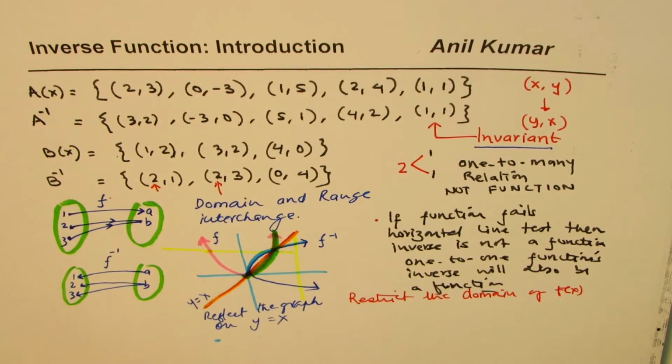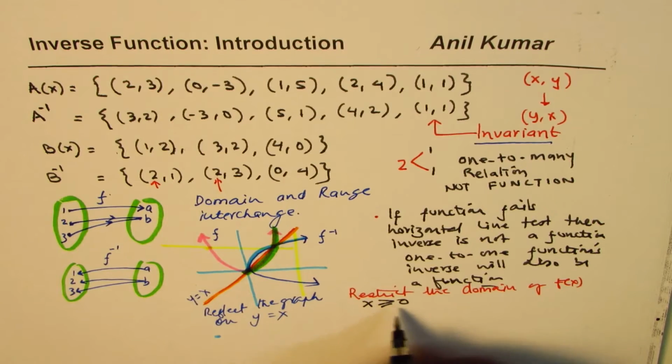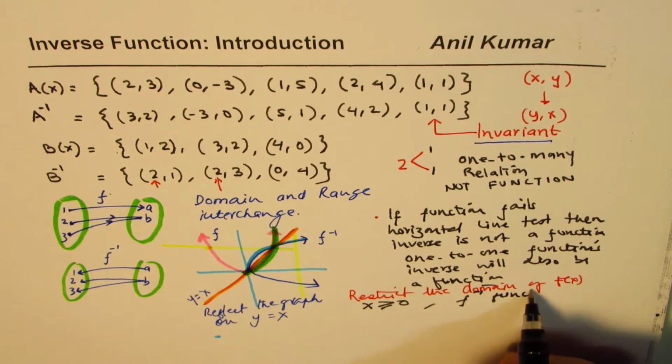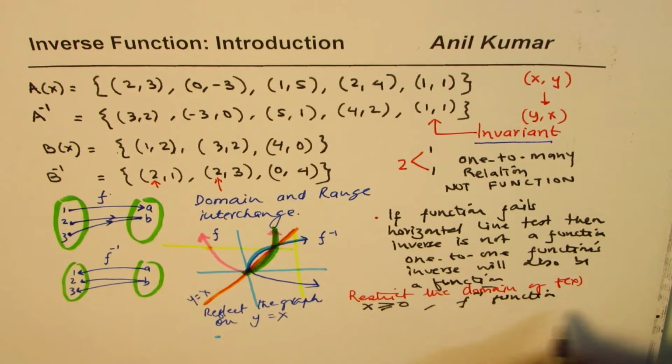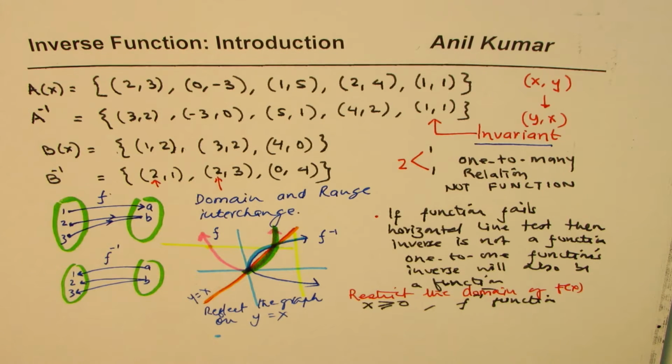That becomes a function. So if I restrict x to be greater than or equal to 0, then f inverse will be a function. At times you may restrict the domain of the function to ensure that its inverse is also a function. That's very important to understand.